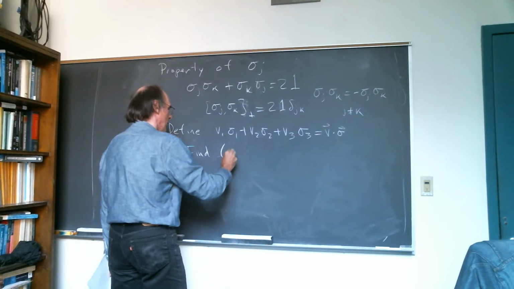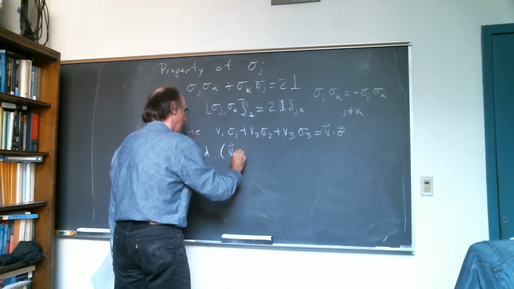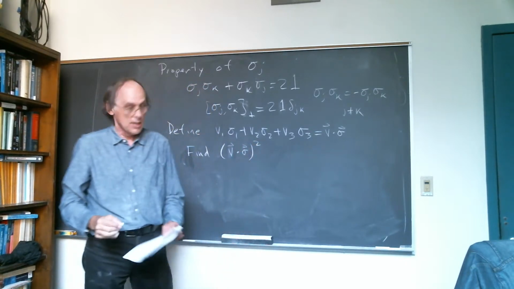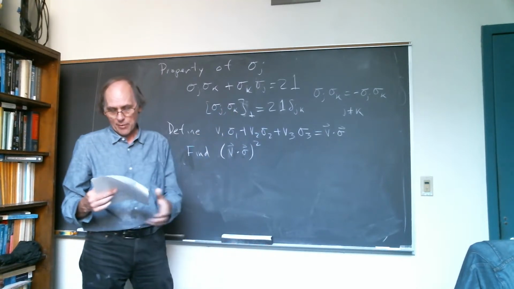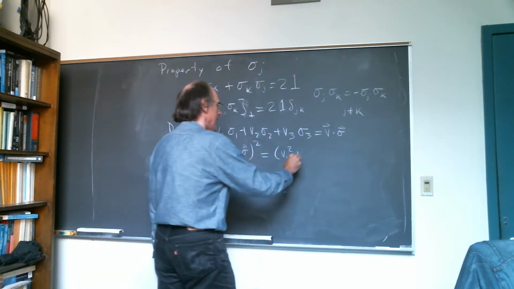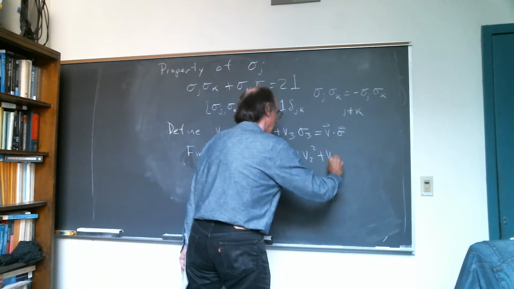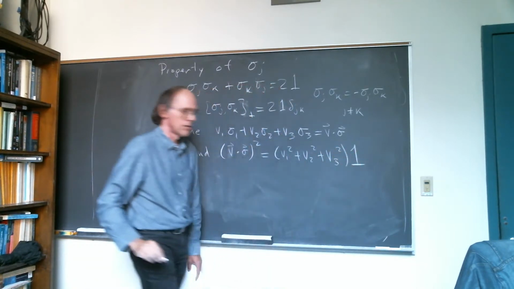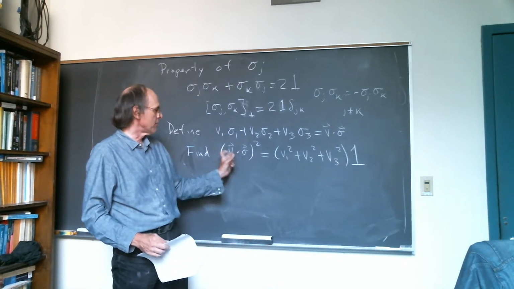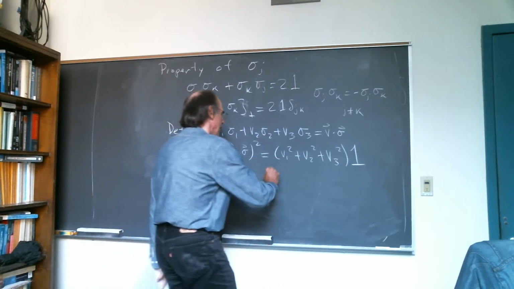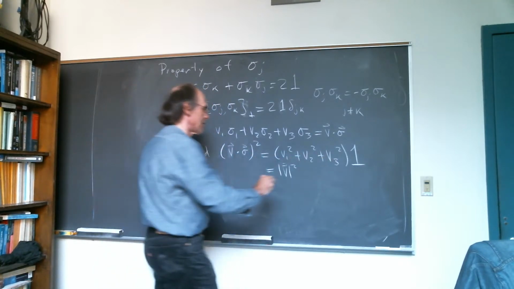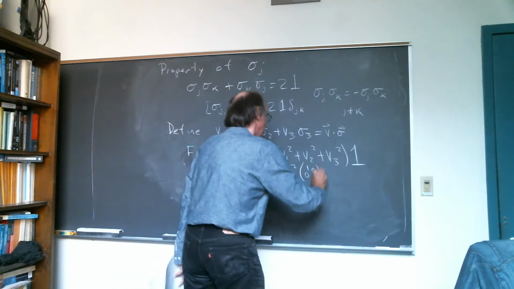If you take this 2 by 2 matrix and multiply it by itself, and you use this property, then what you'll find is that you get the length squared of the vector v times the identity matrix, 1 0 0 1.